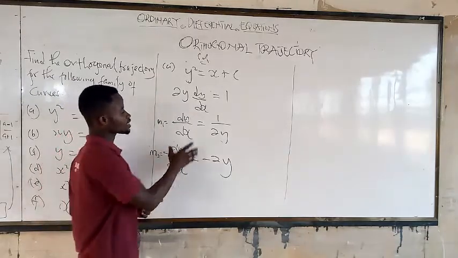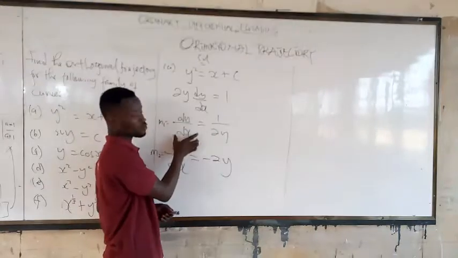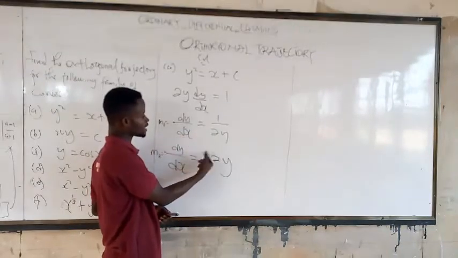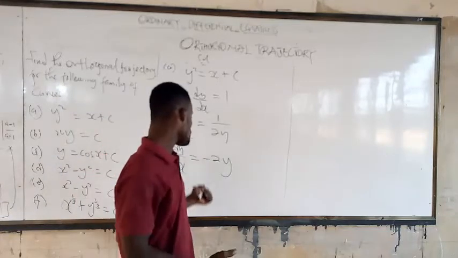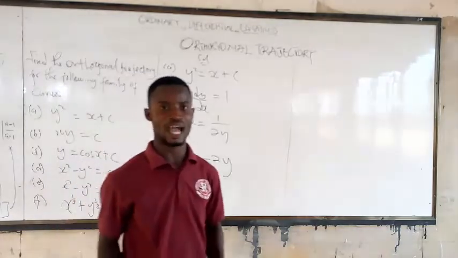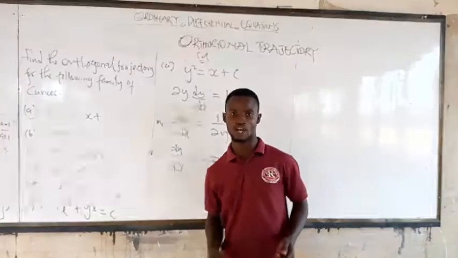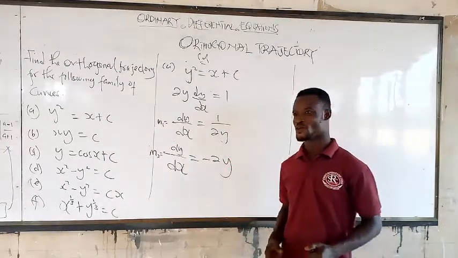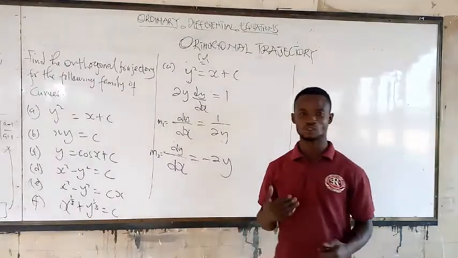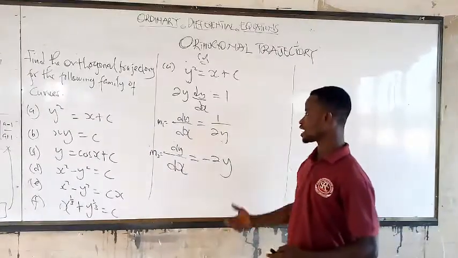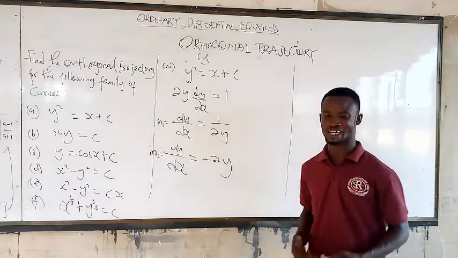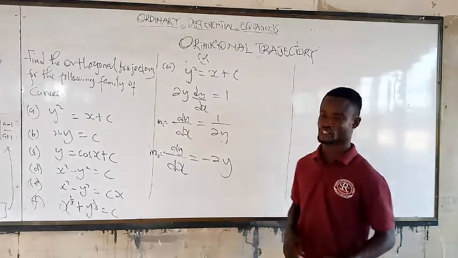We know that after making dy/dx the subject, then you take the negative reciprocal of that. And now you resolve this with the idea of separable differential equation. Now, we have other methods in solving differential equations that you can resolve into, but for now, what you know is separable differential equation.